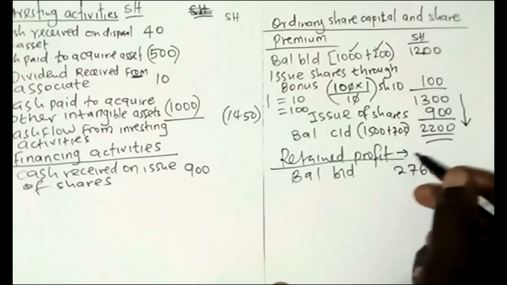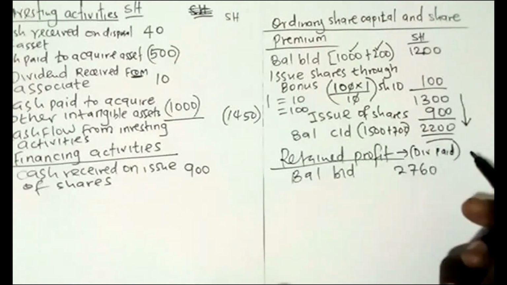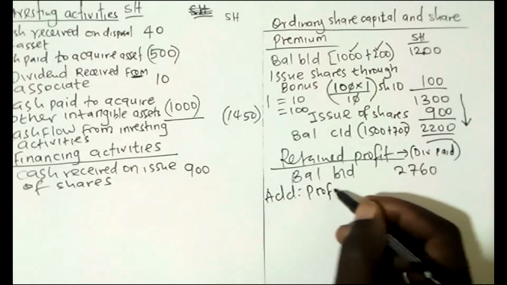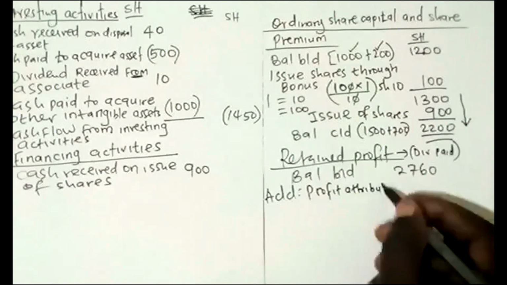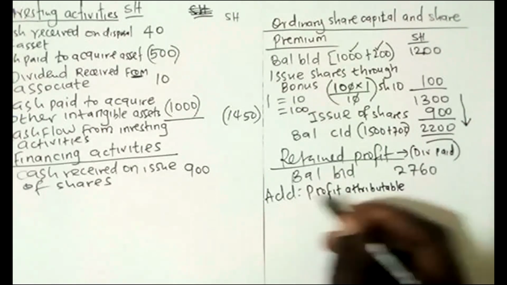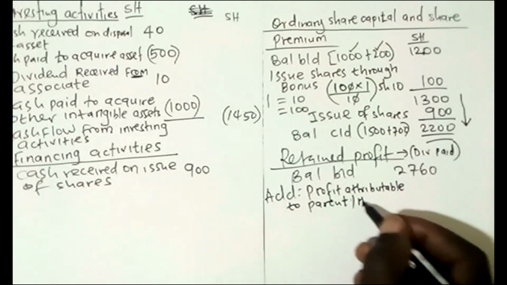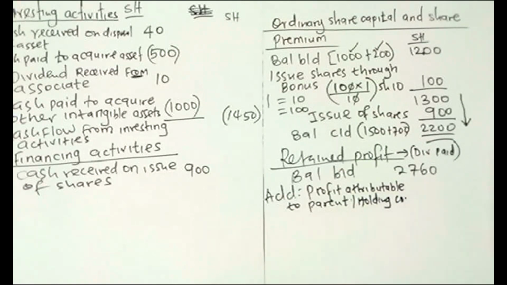What am I computing here to get? Dividends paid by the parent. What you do, you add profit attributable to the holding company, the parent.